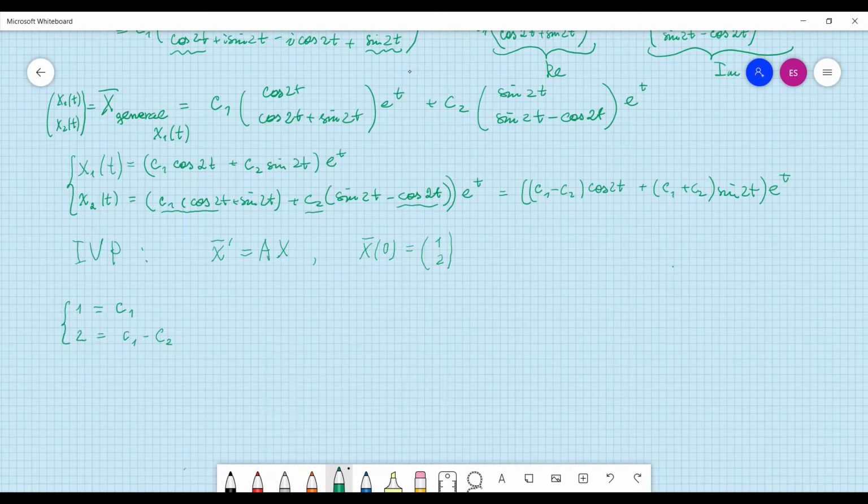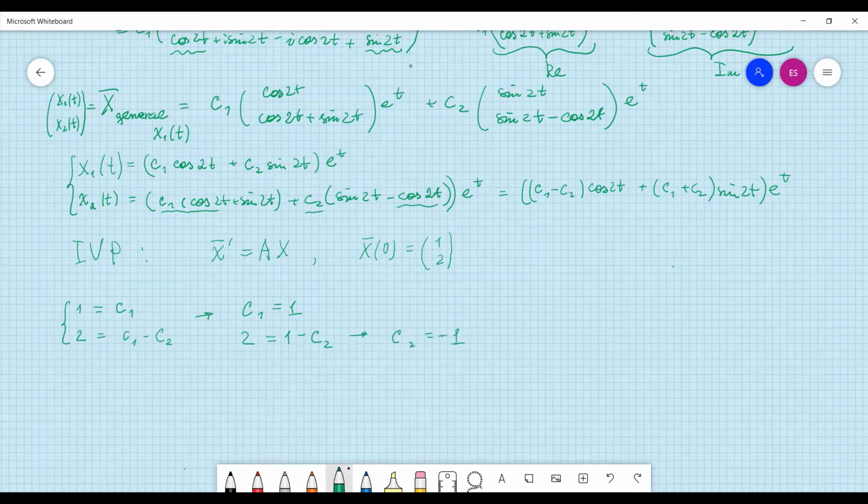We basically already do know c1, right? c1 equals 1, and we plug it over here, and we get 2 equals 1 minus c2. And what should we subtract from 1 to get 2? Well, obviously, it's supposed to be c2 equals -1, right?